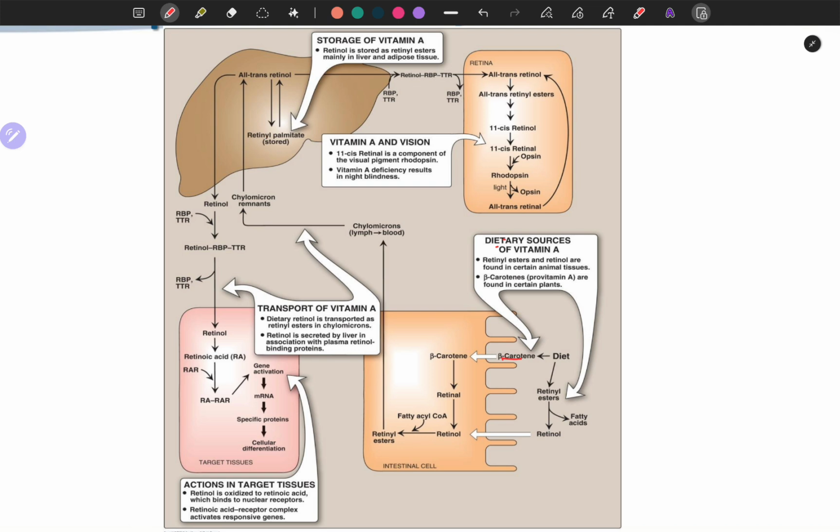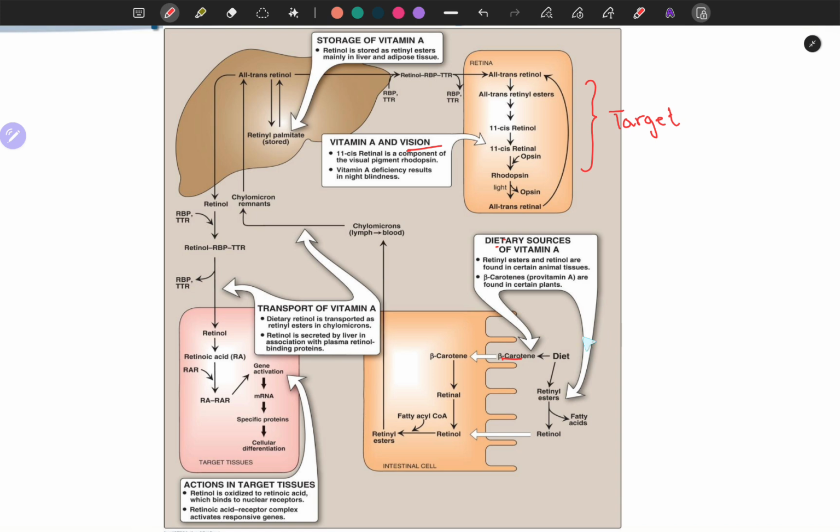In the liver, to be transported, it will require a carrier because it is fat soluble. So it binds to a retinol binding protein, goes to the target. Target, for example, in the retina, where it forms visual pigment of the rods and the cones. And how it acts, that is the mechanism of action. Because it is fat soluble, it has the receptor inside the cell, in the nucleus.